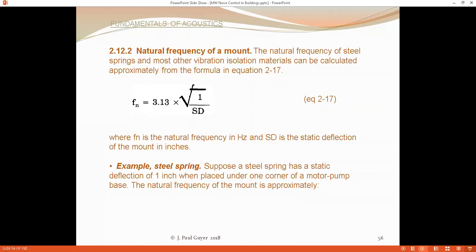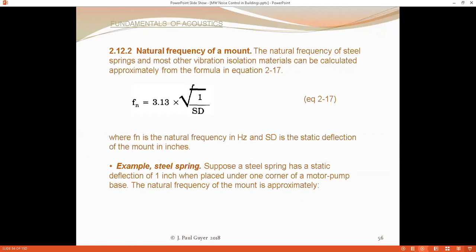There is a way to determine quickly if your isolators are going to have the same natural frequency as the forcing frequency which the fan is imposing, and that's using equation 217.